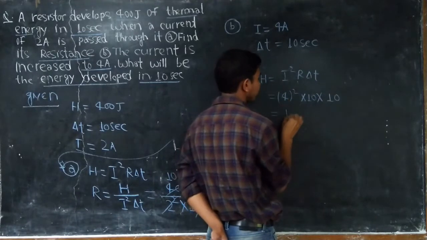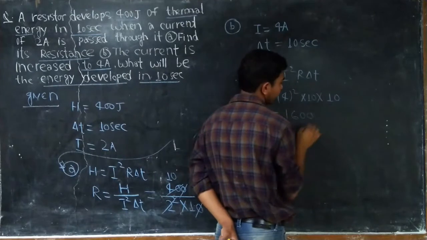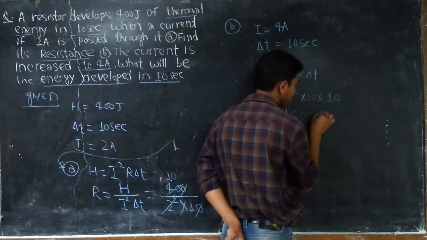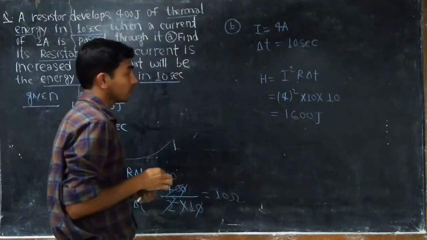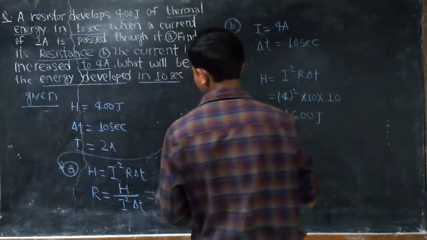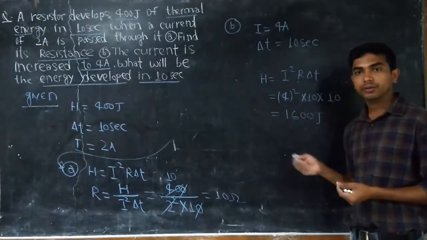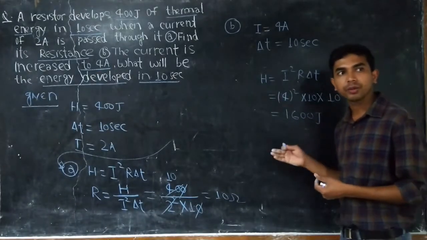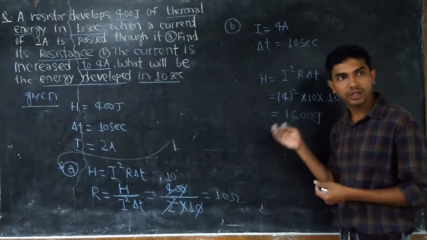So 4 square is 16. So we will get the answer 1600, and this is energy. Answer will be joule, right? So this formula is useful to calculate heat dissipated in resistor. That heat is dissipated in form of thermal energy, meaning in form of heat, right?